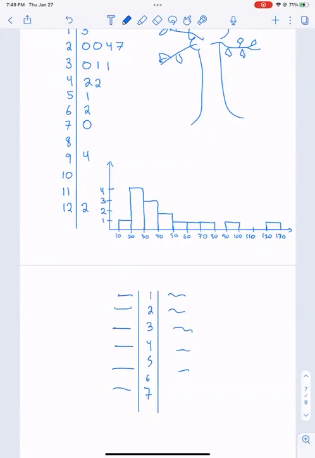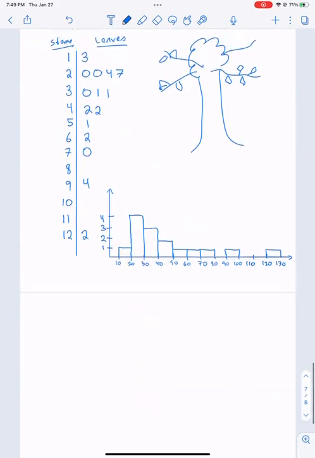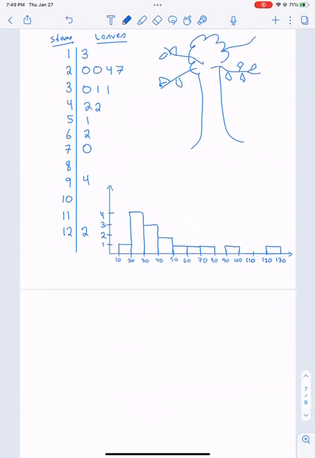It's a lot easier to compare them side by side than when one is directly beneath the other. So there are situations where I might prefer a stem and leaf plot, and situations where I might prefer a histogram.